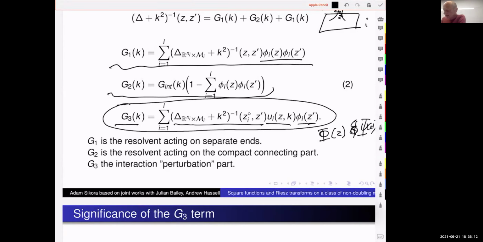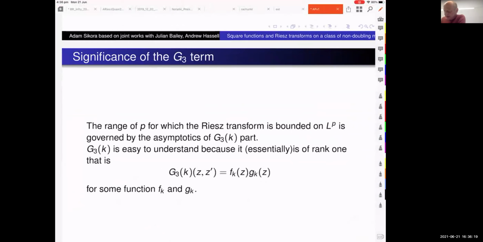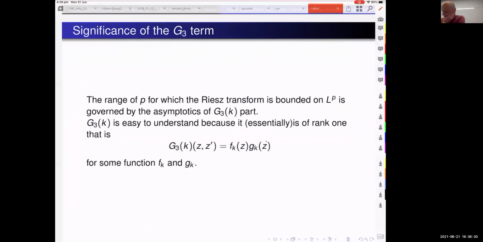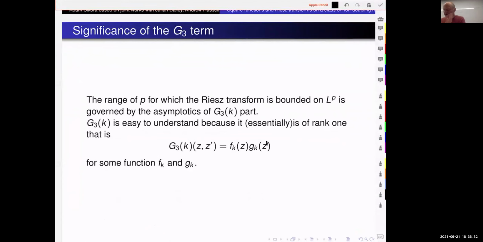So we still have to go from the resolvent to, as I said here before, this term G3, and there's a missing z prime here, which is really a rank 1 operator. The kernel of this operator is a product of two functions.